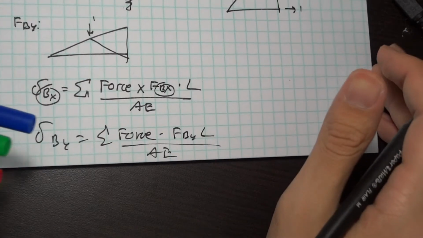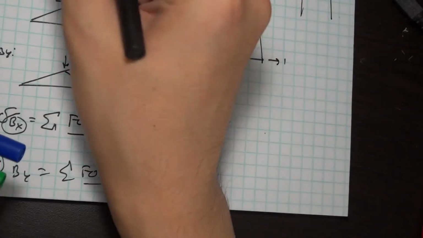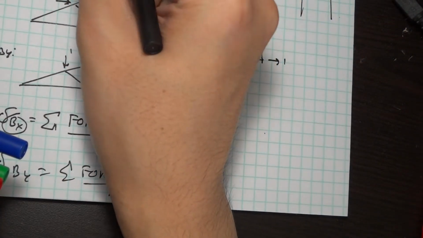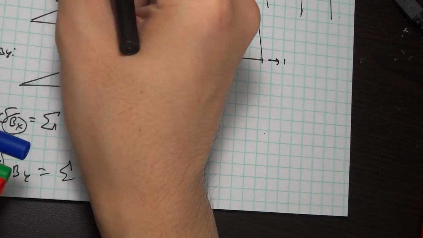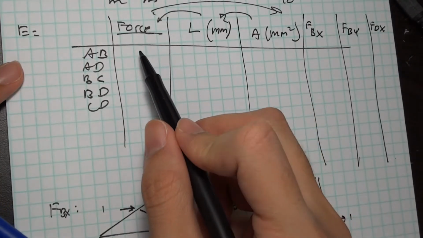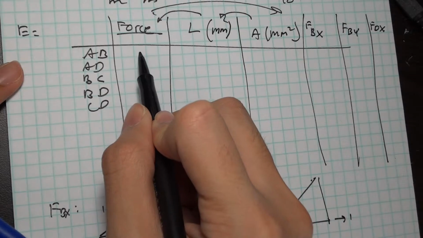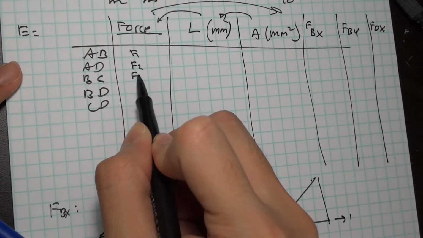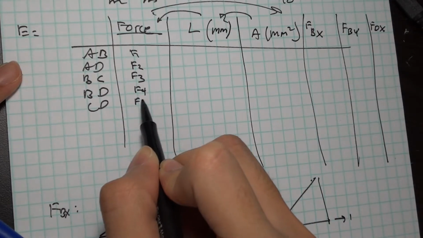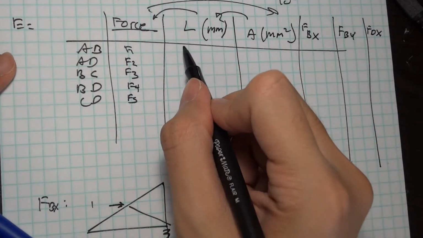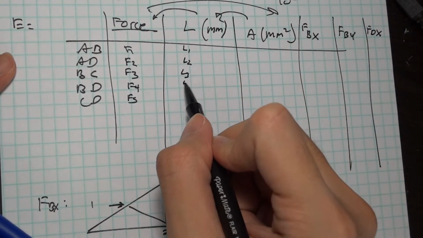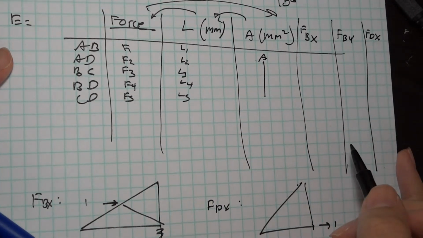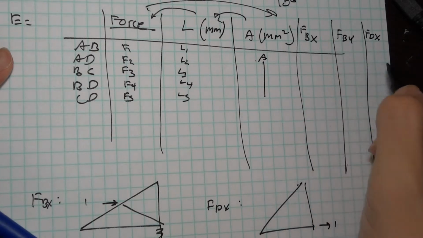But yes, so now you're going to go back up here and find the product. You're going to multiply this force: you're going to get F1, F2, F3, F4, F5, and L1, L2, L3, L4, L5. A is constant, I believe. Yes, A is constant.